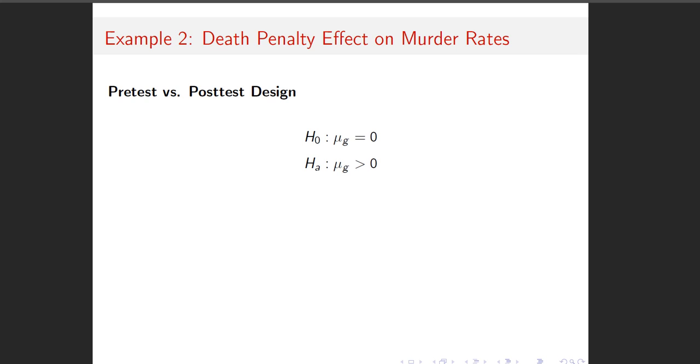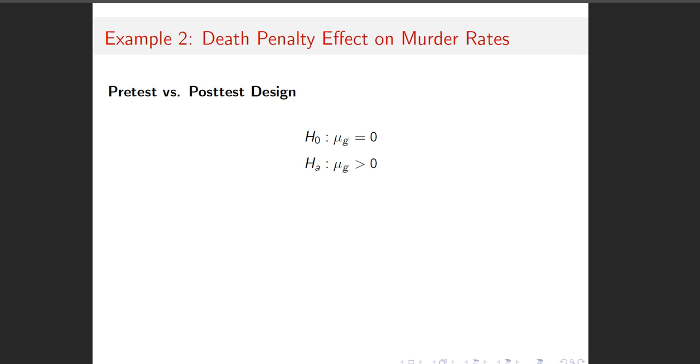The argument goes that if the death penalty was a deterrent, then perhaps the murder rates increased. And we can check the murder rates in 1971 and in 1973 and see if there's an increase or a decrease, or if it stayed about the same. That's the question that we're asking.